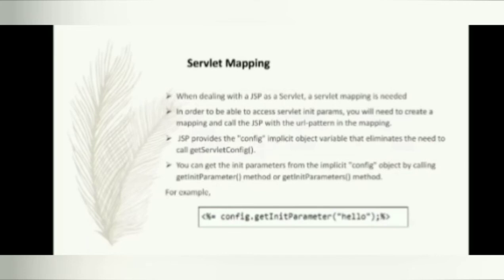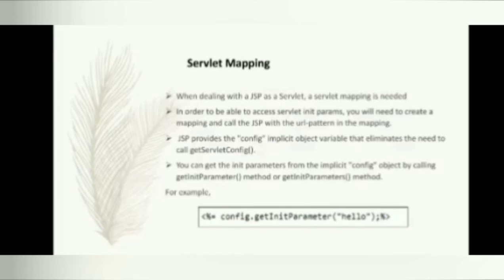Then the context path of the URL is matched for mapping the servlet. When dealing with a JSP as a servlet, mapping is needed. In order to access servlet init parameters, you will need to create a mapping and call the JSP with the URL pattern in the mapping.